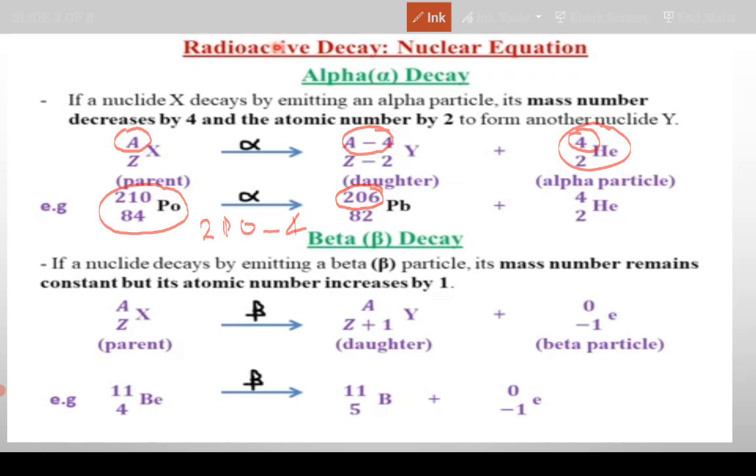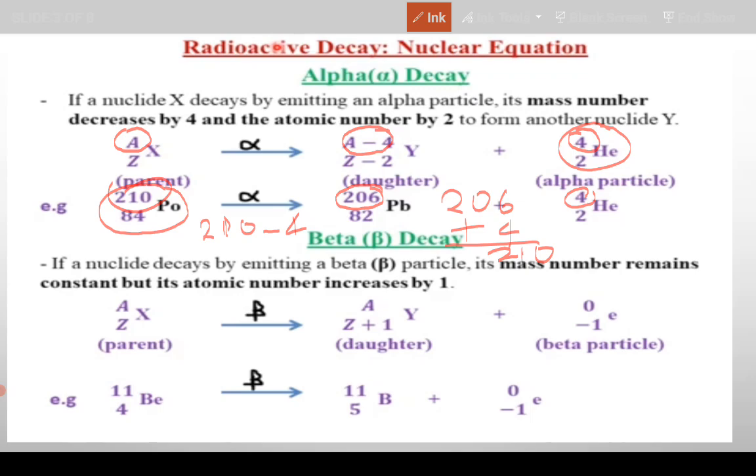So that 4 is going to appear on the helium nuclide there, such that when you add 206 plus 4, you should be able to get the original mass, which is this one here.